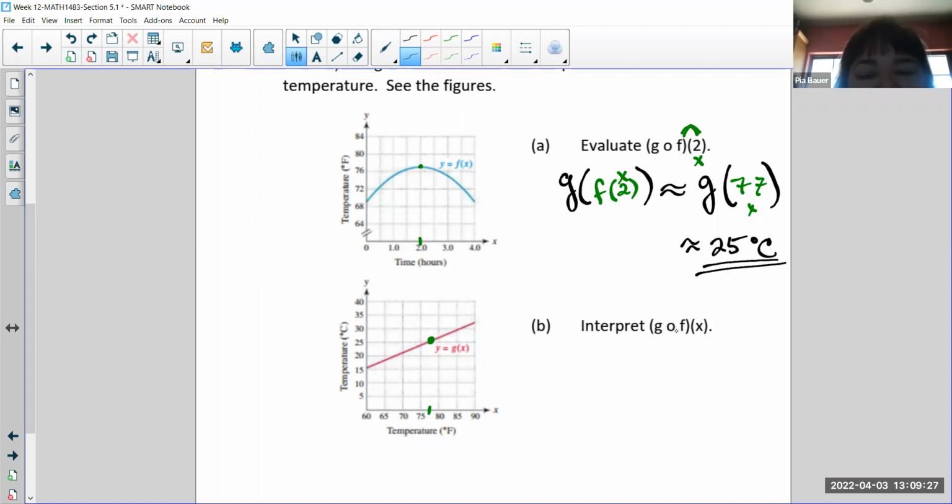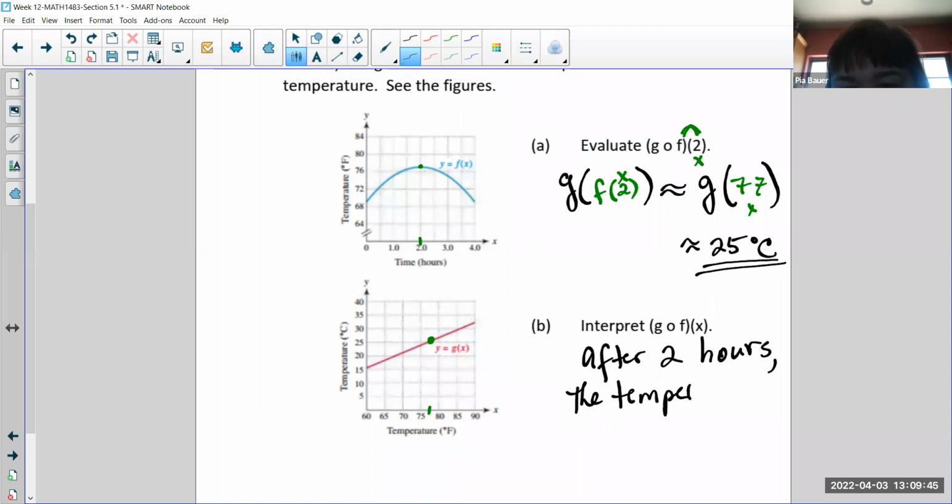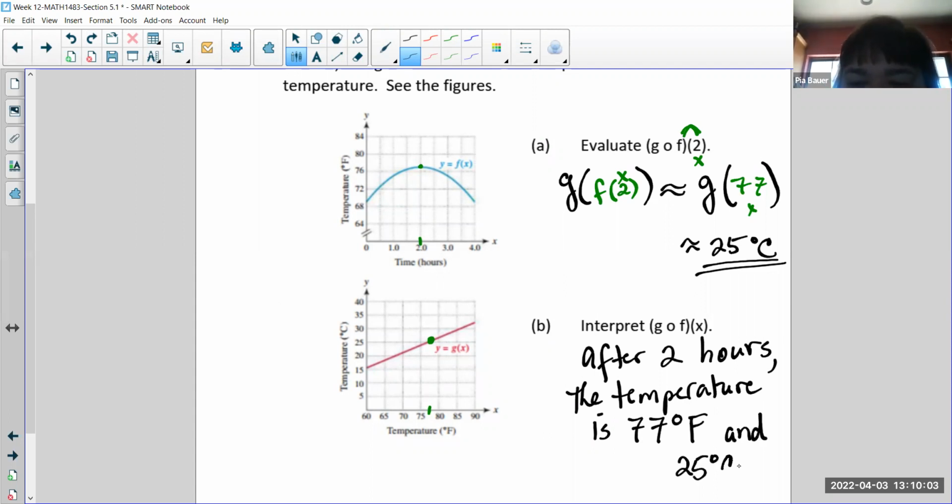Now, it asks you to interpret it. So like I said, after 2 hours, the temperature in Fahrenheit is 77 degrees Fahrenheit, which is equivalent to 25 degrees Celsius.